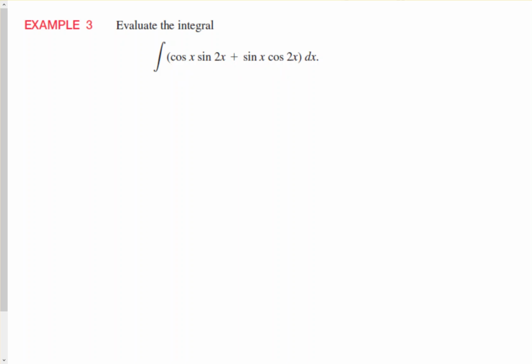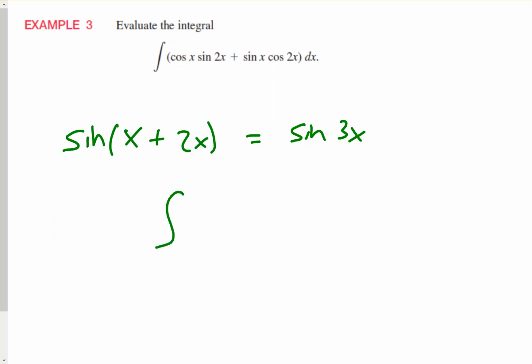So the formula for that would be the sine of, and if you look at the two angles, it would be x plus 2x. Now we can easily combine like terms there and we get sine of 3x. Just by recognizing the formula, you can go from that step to this step.